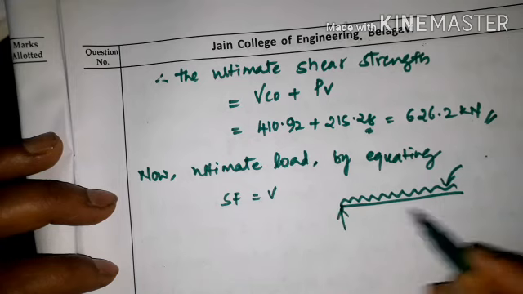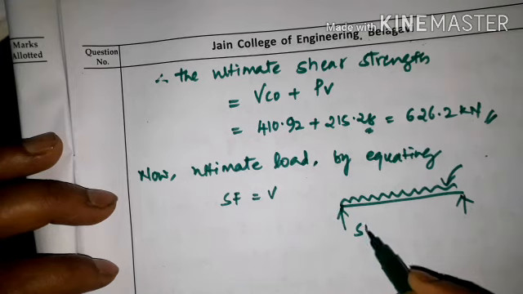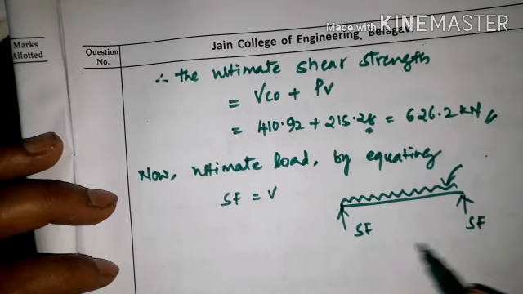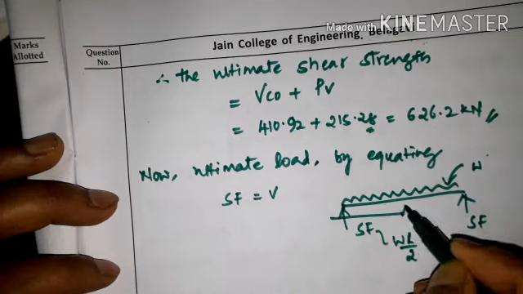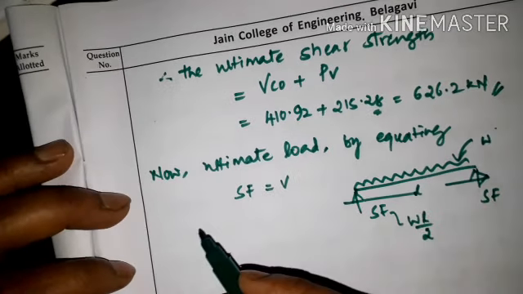What will be the shear force? Shear force is nothing but the reaction developed here, so it will be WL by 2, because this will be W for a span of L.